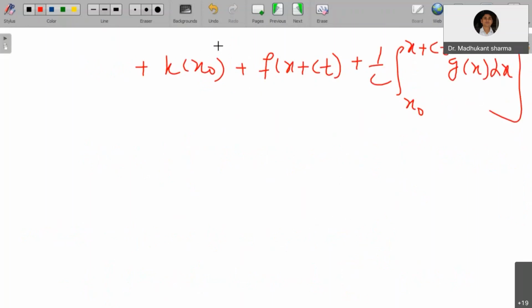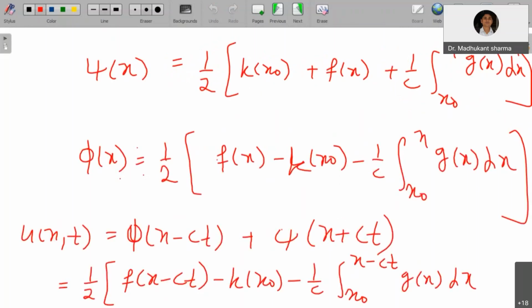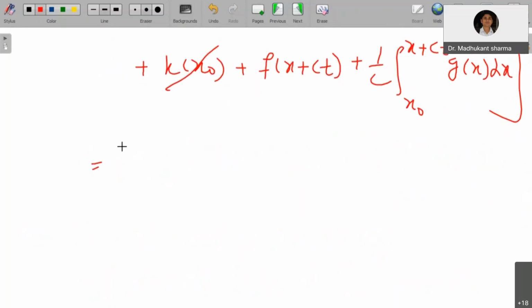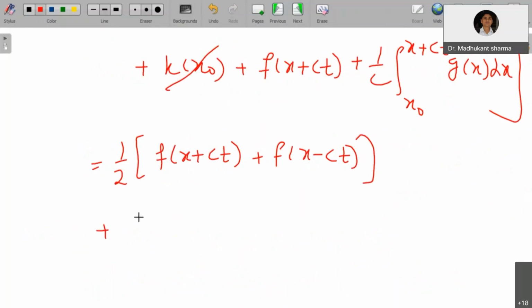So k of x naught will get cancelled, no need to determine this. And if you separate these two, this is equal to 1 by 2 times f of x plus ct plus f of x minus ct, plus 1 by 2c integration x naught to x plus ct g of x dx.